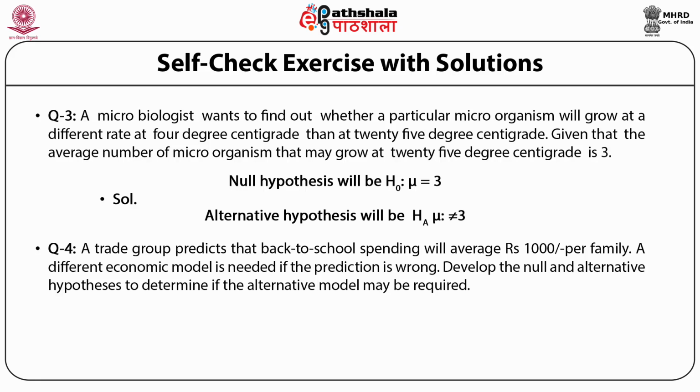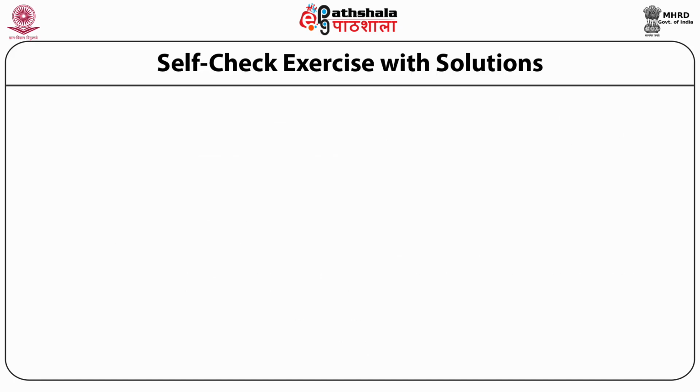Simply here we are going to use a sign of equal to, because the question itself says that a trade group predicts the back to school spending will be average. They are saying that the average spending would be equal to 1000 per family. Therefore, the null hypothesis reads as mu is equal to 1000, and the alternative hypothesis will automatically be that mu is not equal to 1000. Let us take another example with a different situation.